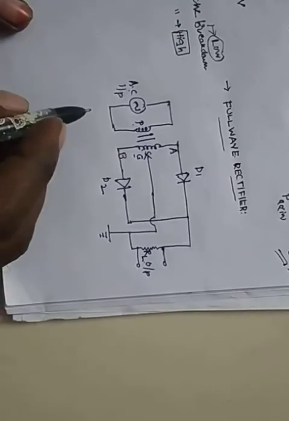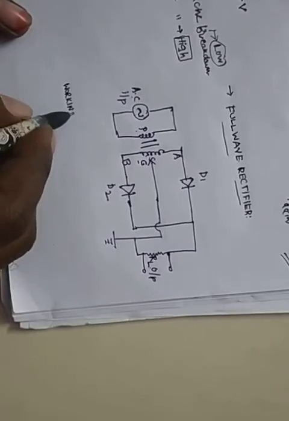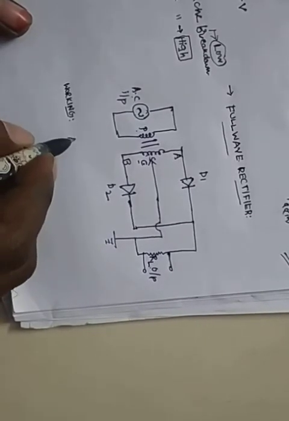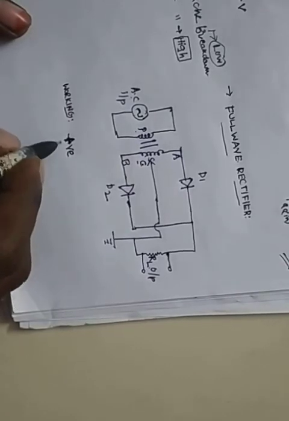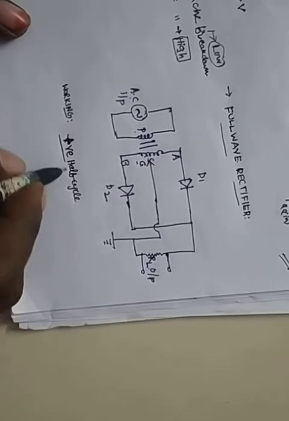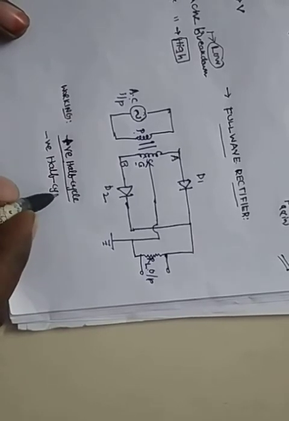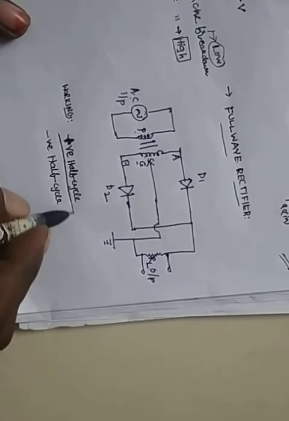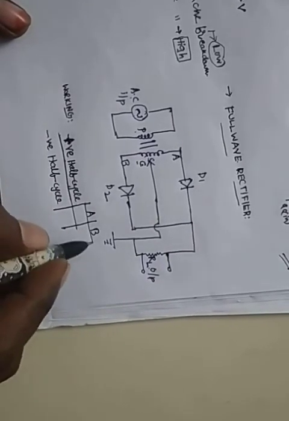Now what is the working? This working is explained like this. For the positive half cycle, what happens for the terminals A and B, or the diodes D1 and D2?